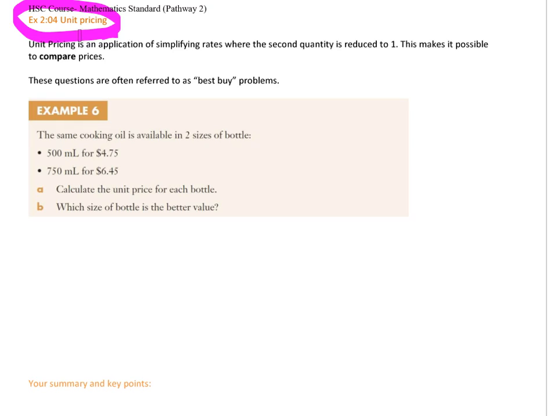Now, the way that you will decide is you need to reduce the quantity to one. So if we were talking two different sizes of toothpaste, sometimes the bigger quantity isn't always cheaper, but you would want to work out, with your bigger quantity, the cost per one, for example, 1 gram in that situation.